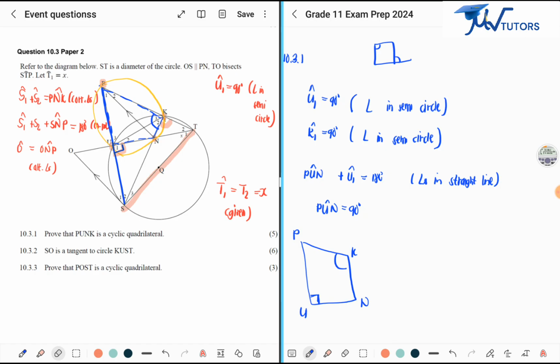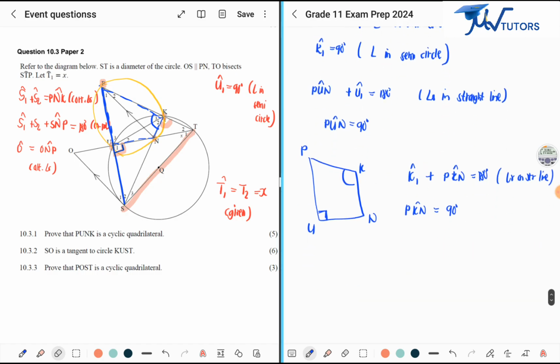So because I said K1 is 90 degrees, I know that K1 plus PKN is equal to 180 degrees. Again, angles on a straight line. So therefore PKN is equal to 180 minus 90, which is 90 degrees.